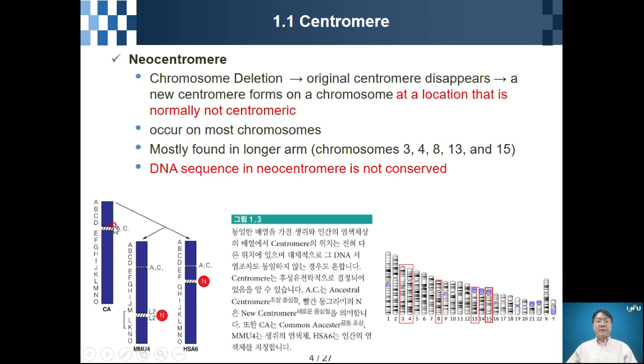After that, gene A, gene B, gene C, and gene D are located in the short arm, and gene E, gene F, and gene G are located in the longer arm. Sometimes chromosome deletion happens.